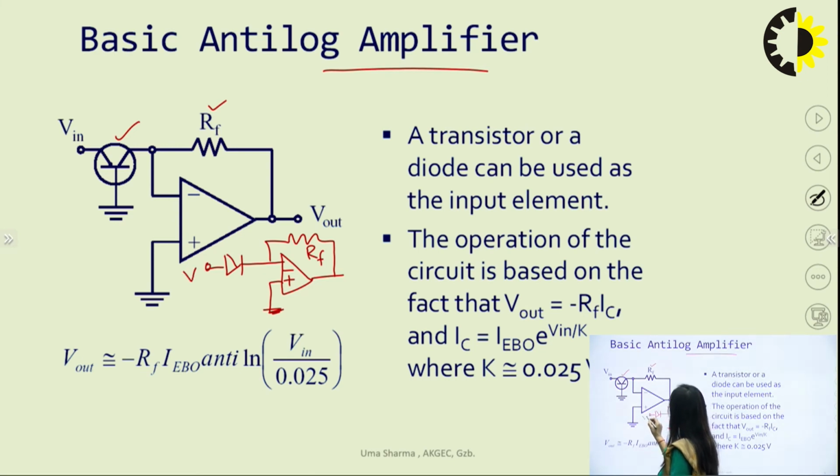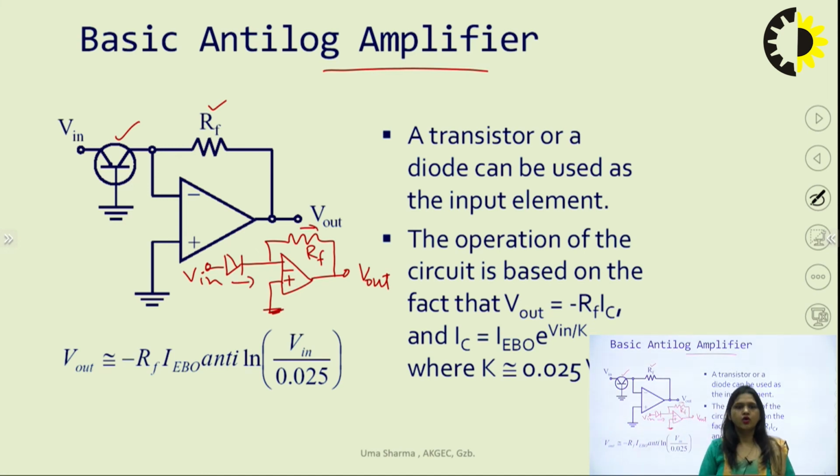Here this is V in, and here you can calculate V output. Here also, if the diode is in forward bias condition, then this current will equal the feedback current. The operation of the anti-log amplifier is the same, whether BJT based or diode based. The only difference is the device.